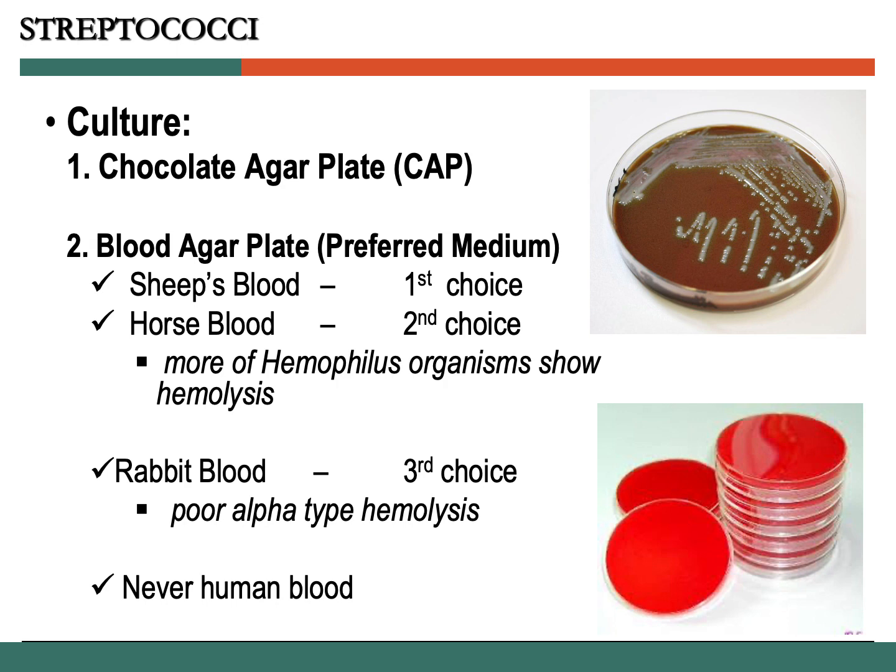Rabbit blood is the third choice because of its poor hemolysis, and never use human blood. But in the Philippines, since not all laboratories can afford these animal bloods, we usually opt for human blood. If we use human blood, always use EDTA or freshly withdrawn blood.